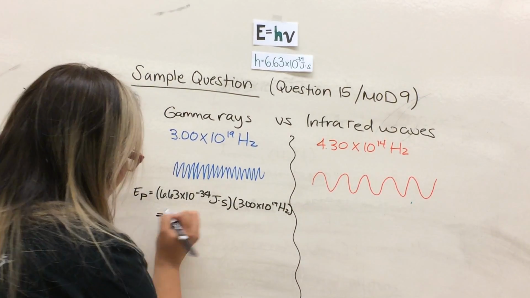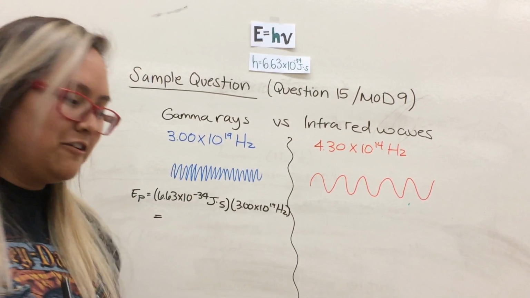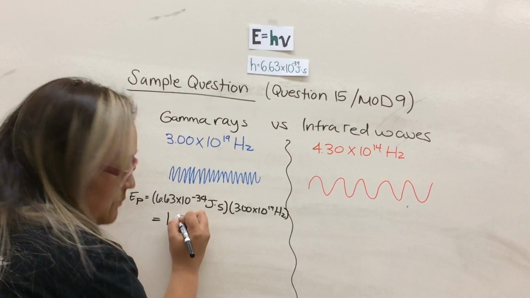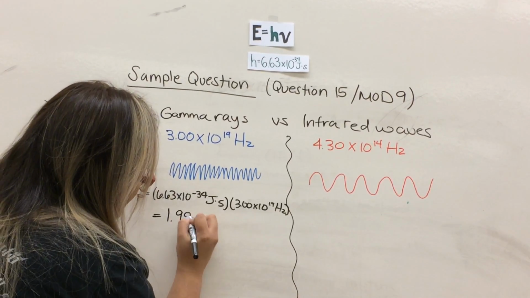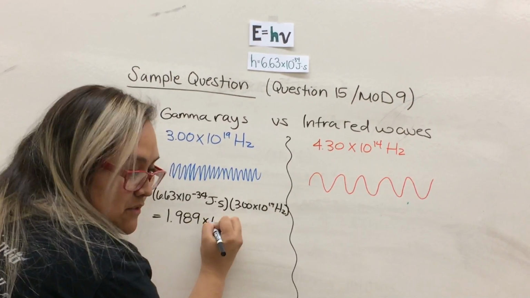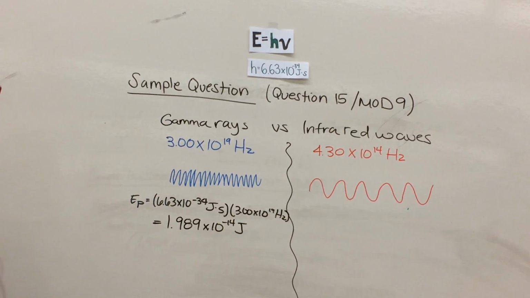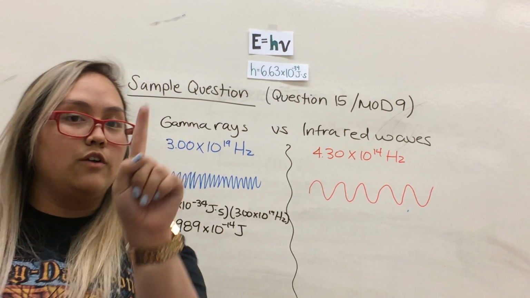You can put this in your calculator, and hopefully you get the same answer. I got 1.989 times 10 to the negative 14 joules. So keep in mind that this is the energy for one photon.